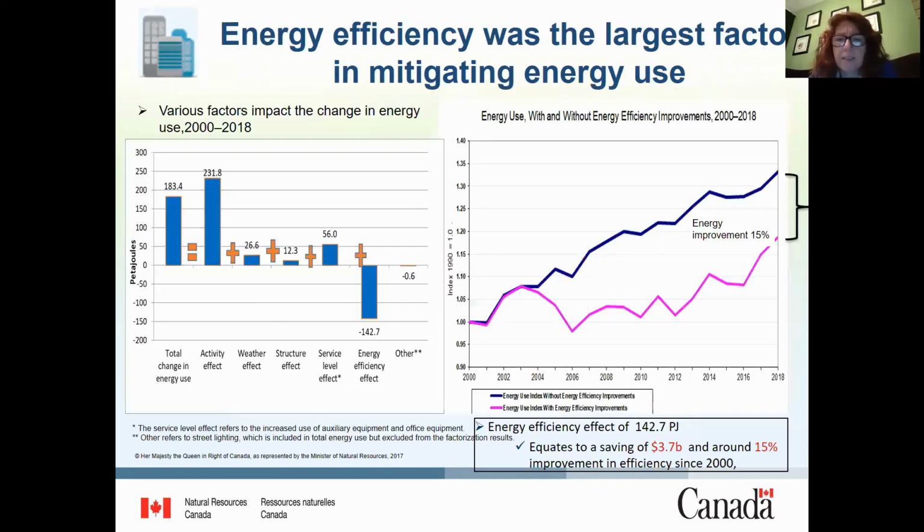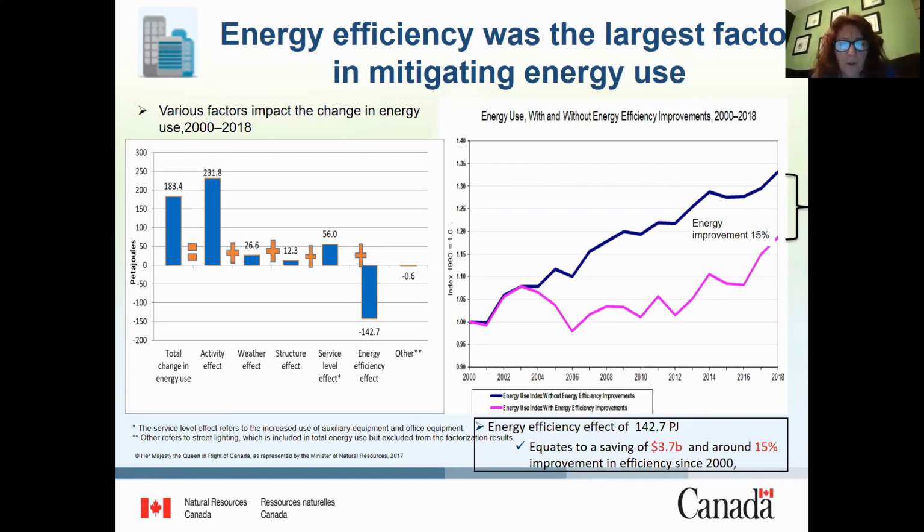Next slide, please. We also calculate the energy efficiency effect for all sectors. This slide shows how we calculate it for the commercial sector. Basically, we have the energy use data for the sector, and we adjust it with different factors.